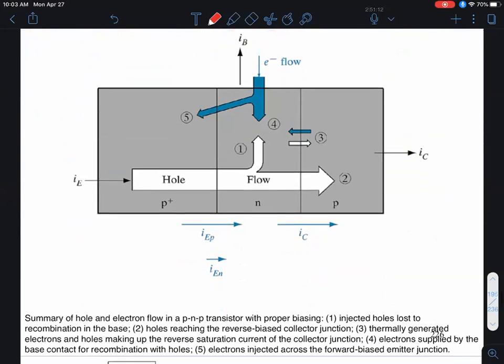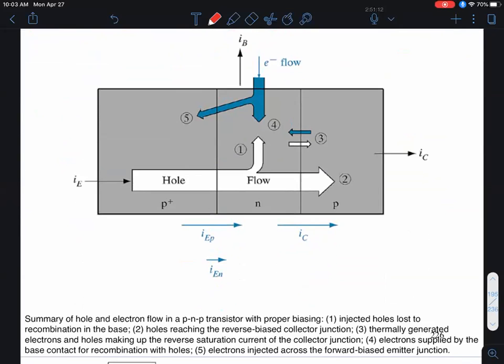Okay, this next slide is very, very important. It essentially captures all the physics of a BJT. The rest is just math. So I want you to pay attention to this. I'm illustrating this once again for a PNP bipolar transistor, with a P plus emitter, lower doped N-type base, and a P-type collector, where this junction is going to be reverse biased, and this junction is going to be forward biased, typically.